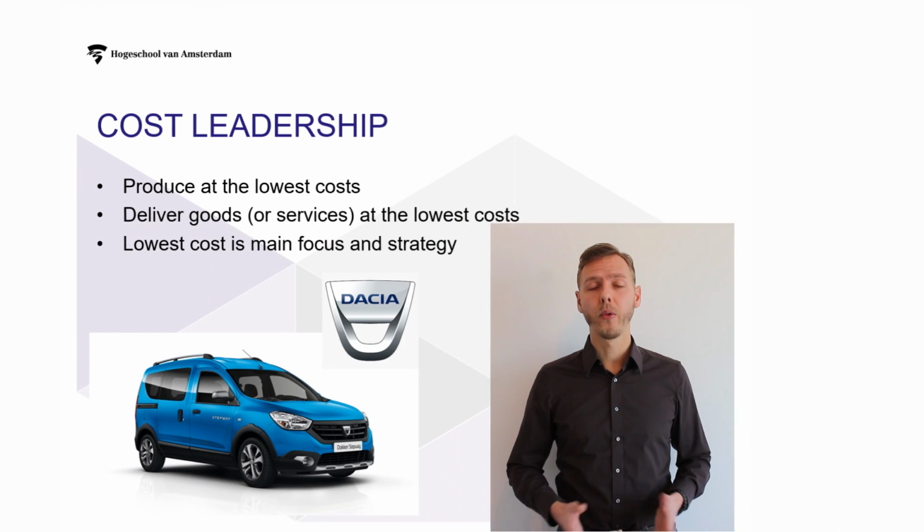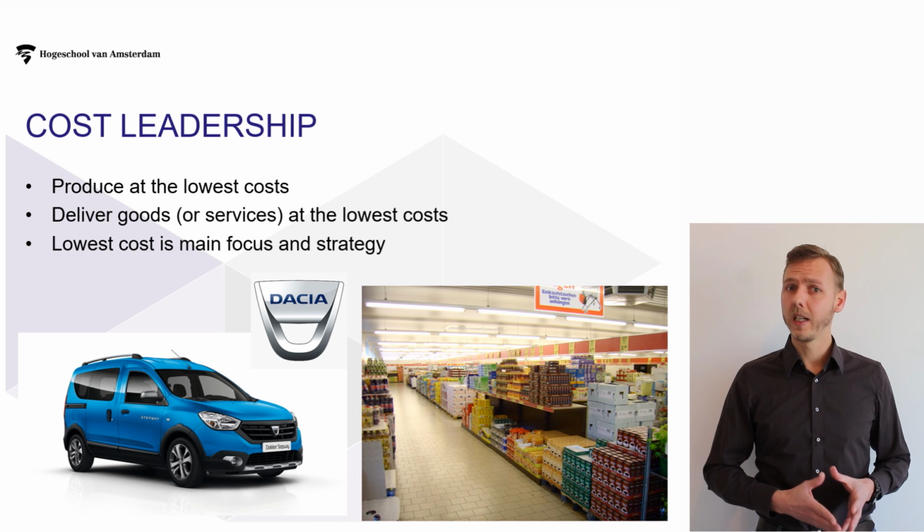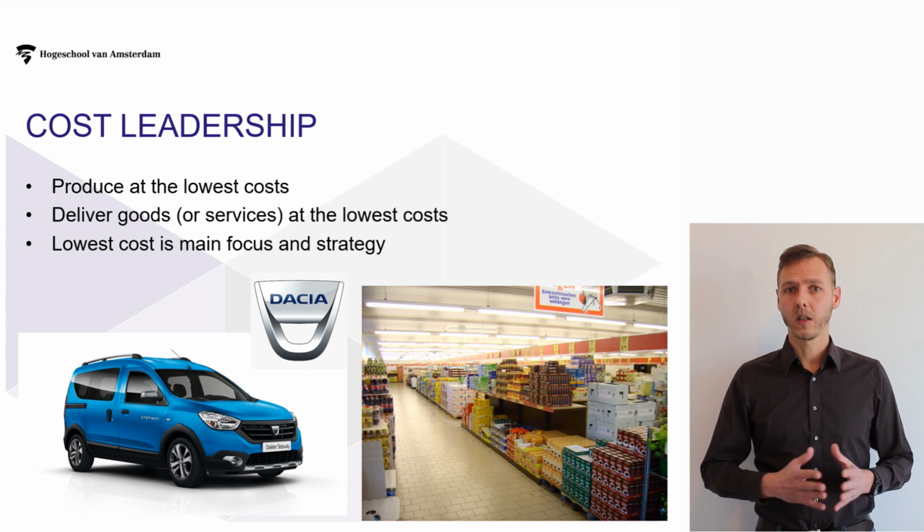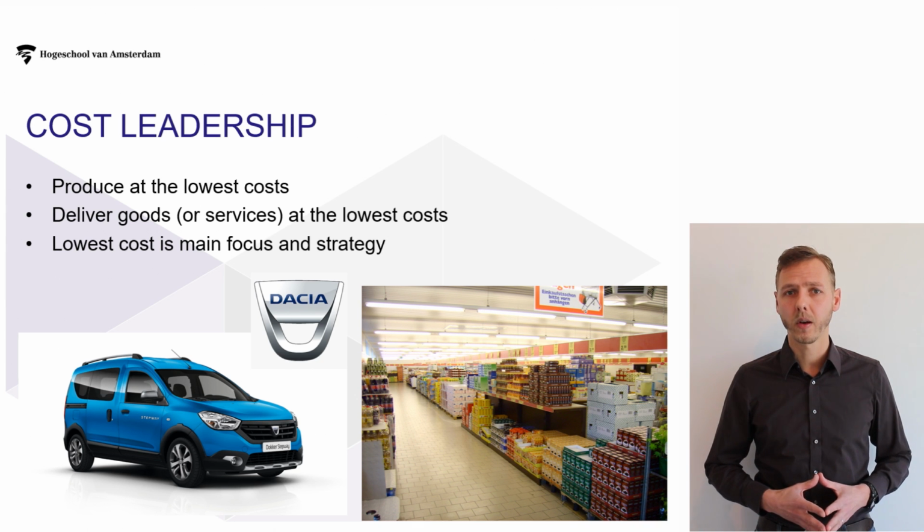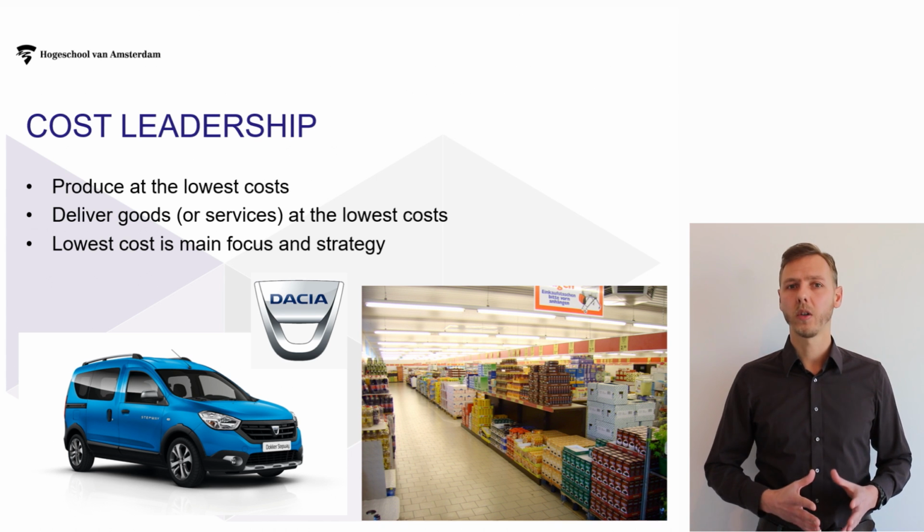There are also several retailers which really use the cost leadership strategy, so that the customers know, okay, I'm going to buy some products, I'm not going to expect any services, I'm not going to expect any A brands, but I want the lowest price. Same goes for airlines.